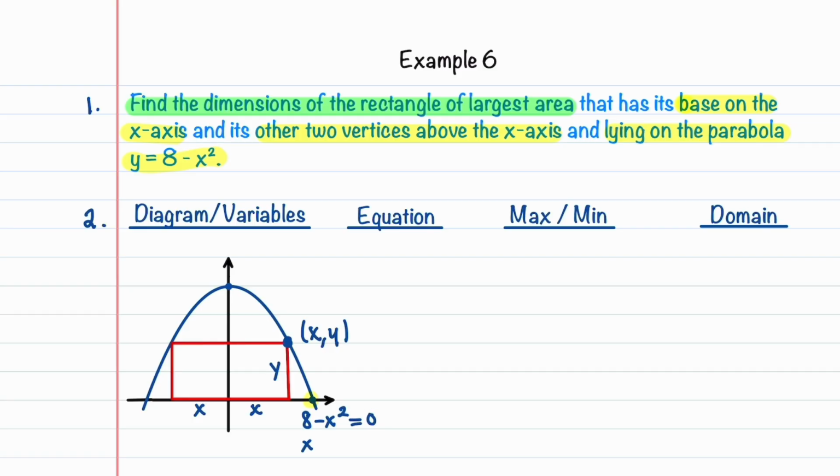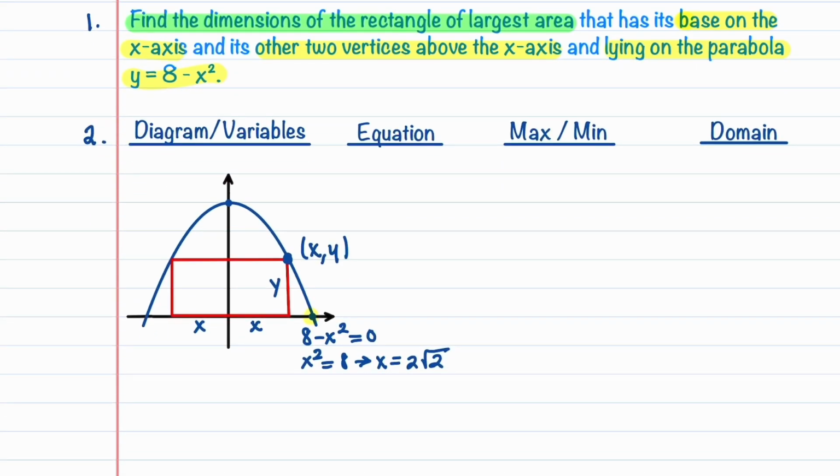So that point is x squared is equal to 8, which gives us x is equal to the square root of 8, or 2 square root of 2. Let's now label our variables. 2x is the width of our rectangle, and then y is the height.